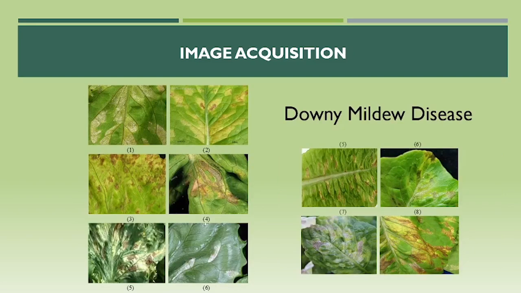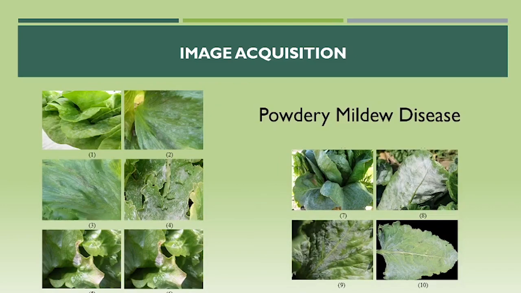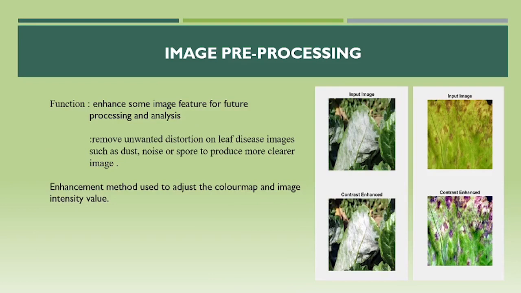This is the 10 samples of downy mildew disease that we will feed to the system for getting the preliminary result. And this is 10 images of powdery mildew disease that will also be fed to the system. So image pre-processing functions to enhance some image features for future processing and analysis.